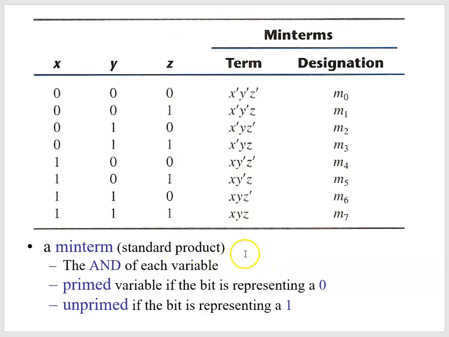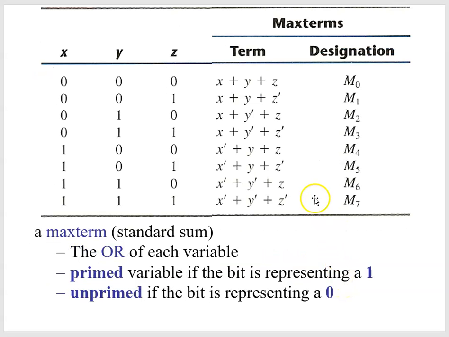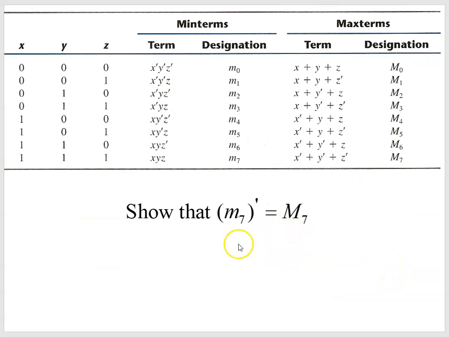It's the and of each variable, primed if the variable represents a 0, unprimed if it's representing a 1. For 3 variables, there's 8 max terms. Again, each of the max terms is the complement of the minterm. It's an or of each variable, primed if the variable represents a 1, unprimed if it represents a 0.